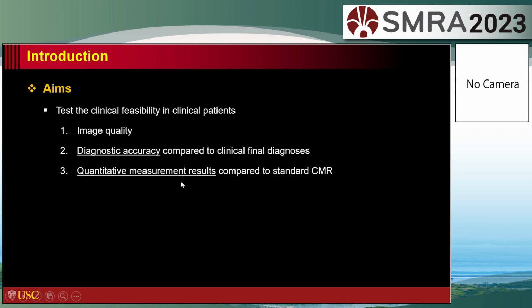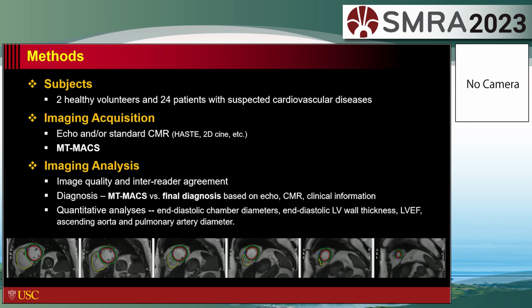In this particular project, we want to further perform a clinical feasibility study in a small patient cohort. We want to specifically evaluate the image quality and especially the diagnostic accuracy compared to the clinical final diagnosis, and quantitative measurement compared to standard CMR exams. So we recruited 2 healthy volunteers and 24 patients with suspected cardiovascular disease. The scan was done on a Siemens 3T.